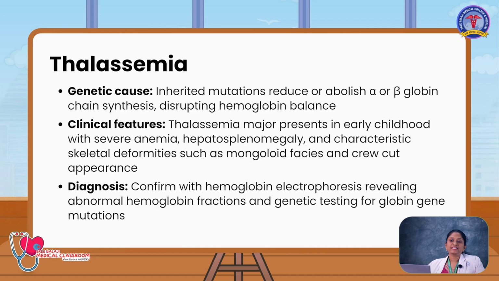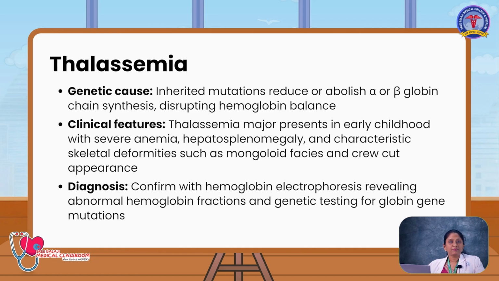Thalassemia major presents in early childhood with severe anemia, hepatosplenomegaly and characteristic skeletal deformities like mongoloid facies as well as crew cut appearance on X-rays. Thalassemia minor is a very mild form of thalassemia where the symptoms are quite similar to iron deficiency anemia.